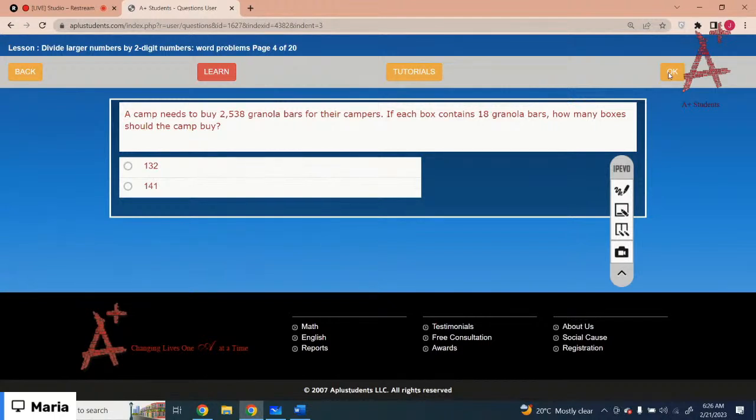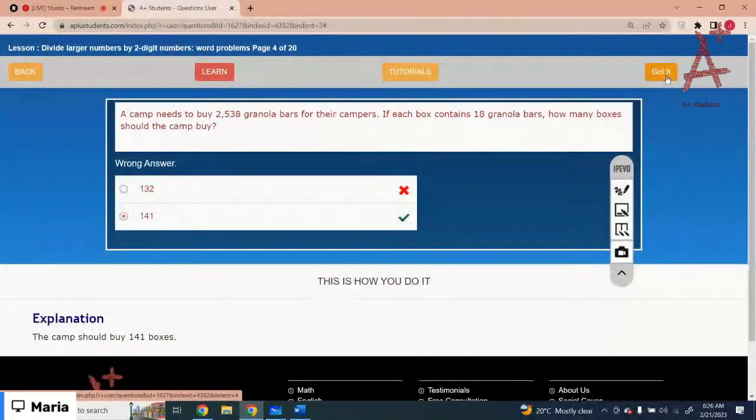I think it is 132. Let's see. Oh, it is 141. Got it? You can check by dividing.